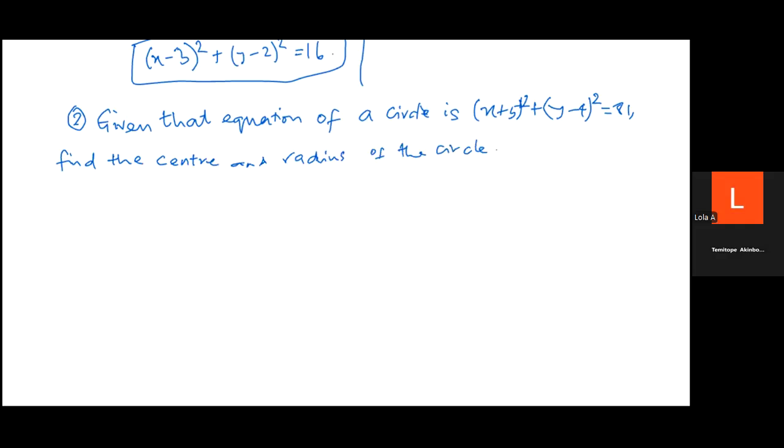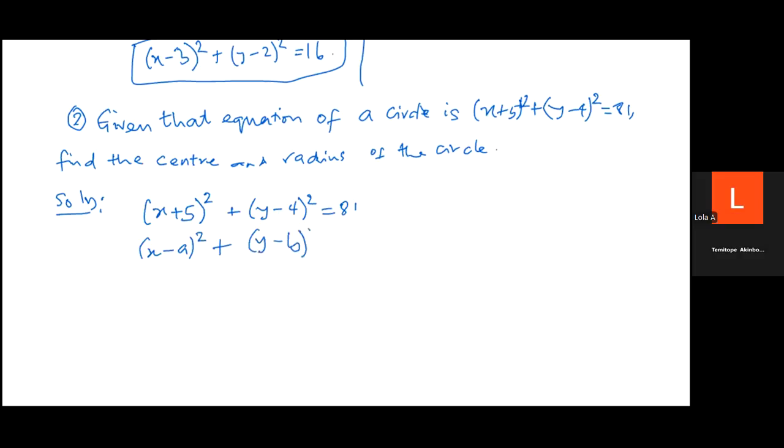So to do that is trivial. It's very simple. You just compare the equation given to you with the general form in completed form. (x + 5)² + (y − 4)² = 81. You now compare that with (x − a)² + (y − b)² = r².